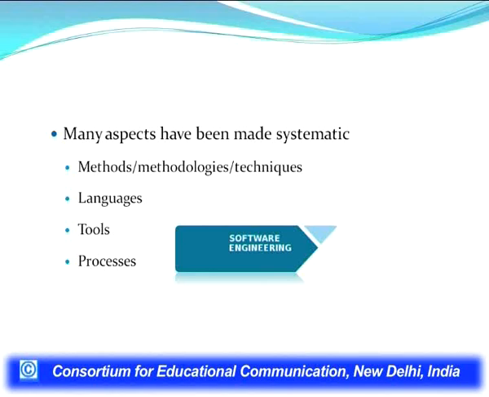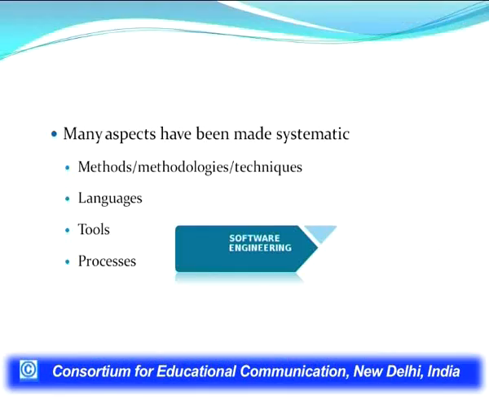Many aspects have been discussed in a systematic way: the methods, methodologies, techniques, tools and processes. So you can understand the different kinds of tools, processes and methods which have been used to develop all these activities.